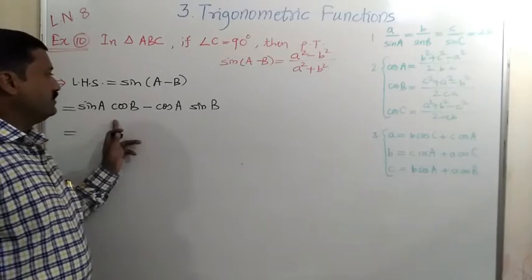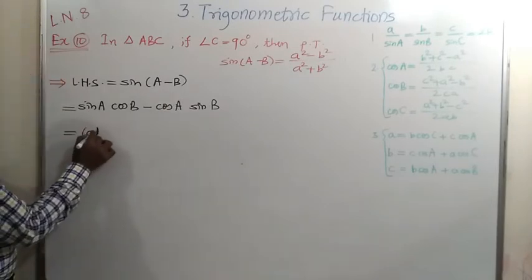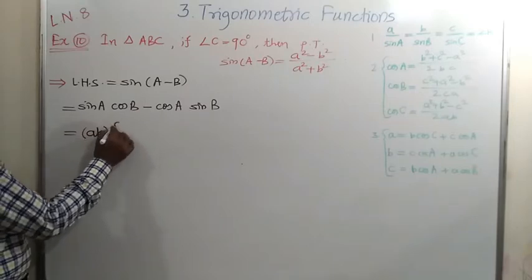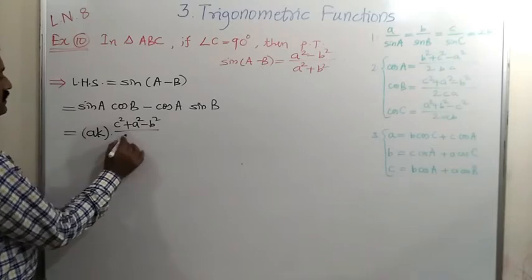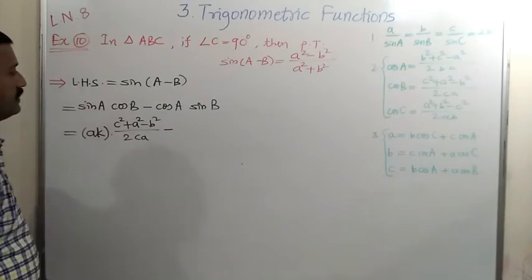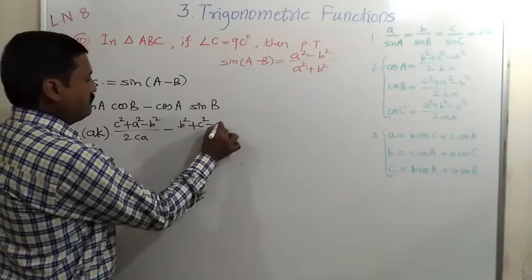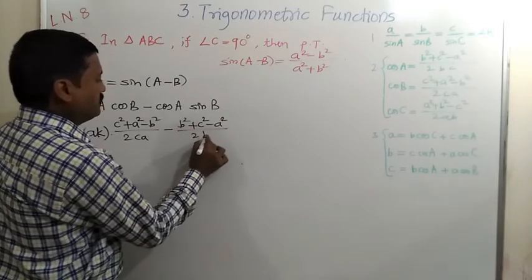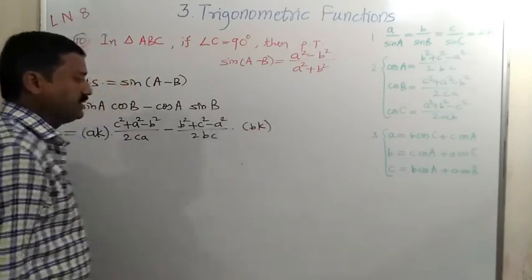Here once again use the sine rule and cosine rule. Now sin A is nothing but AK, cos B is nothing but C square plus A square minus B square upon twice CA. Next, cos A is B square plus C square minus A square upon twice BC, into sin B, which is BK.